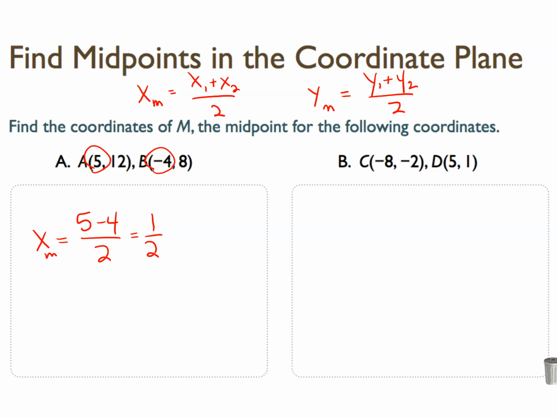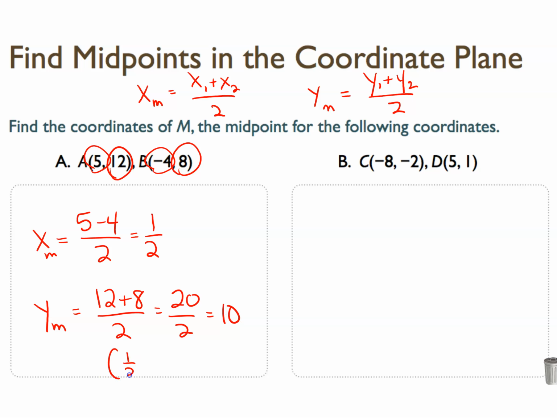So 1/2 would be the middle coordinate. And then for y, I've got 12 plus 8 divided by 2, and that equals 10. So the midpoint of this segment would be 1/2, 10.